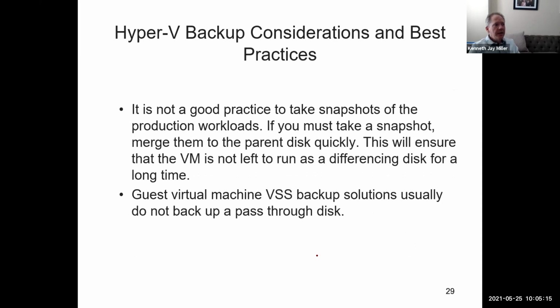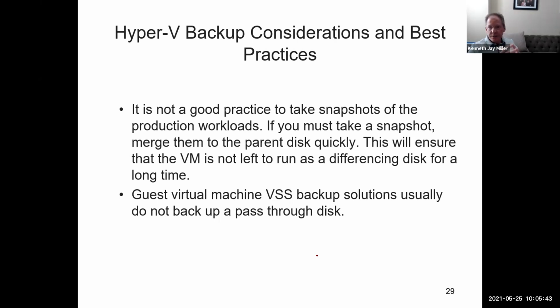Okay. It's not a good practice to take snapshots of production workloads. If you must take a snapshot, merge it to the parent disk quickly. If you leave them out there, they're differencing disks and they can get corrupted. Guest virtual machine VSS backup solutions usually do not back up a pass-through disk.